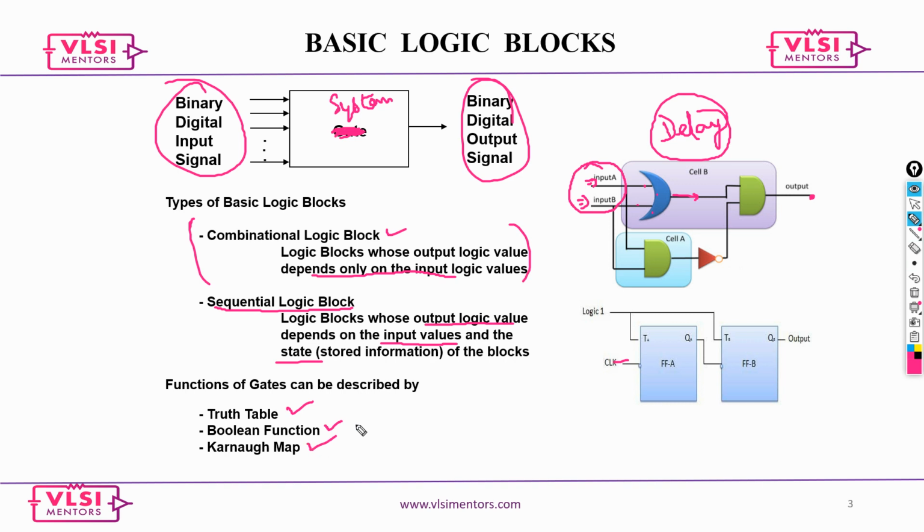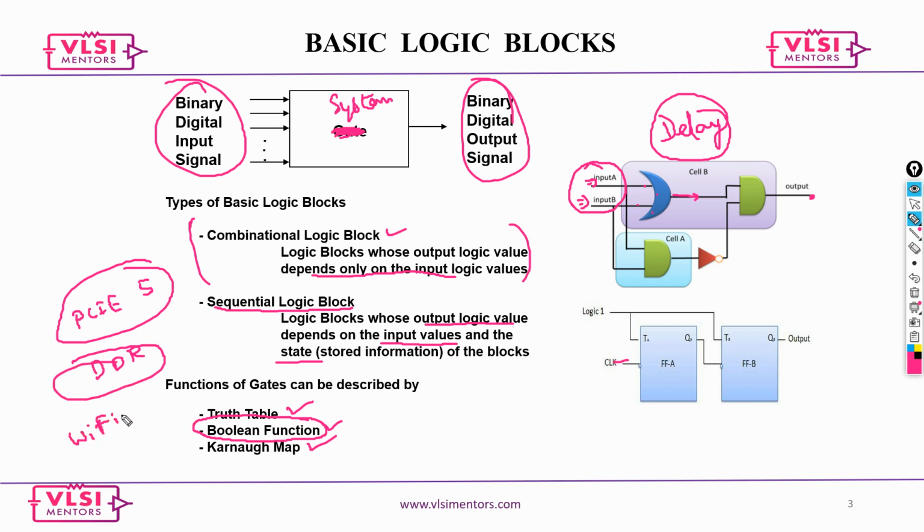Predominantly they will express it in the form of Boolean functions, which is what you might have seen in textbooks, or a truth table, etc. But these days the industry would be giving you specs, like I want to build PCIe 5, or DDR 4 or 5, or Wi-Fi 5 or 6.